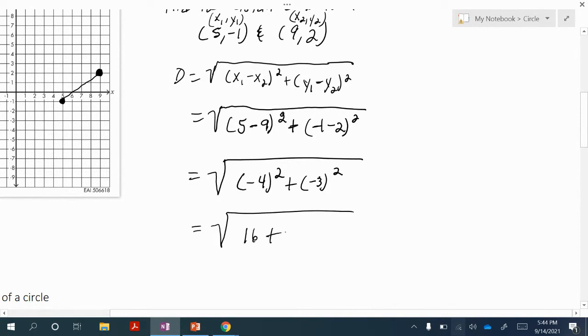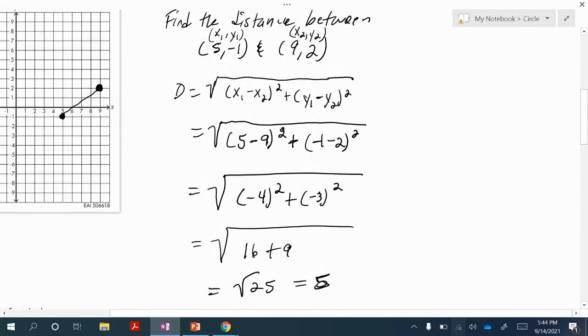Next we have negative 4 squared, which is 16, plus negative 3 squared, which is 9, which is equal to the square root of 25, which is equal to 5. So the distance between these 2 points would be 5 units.